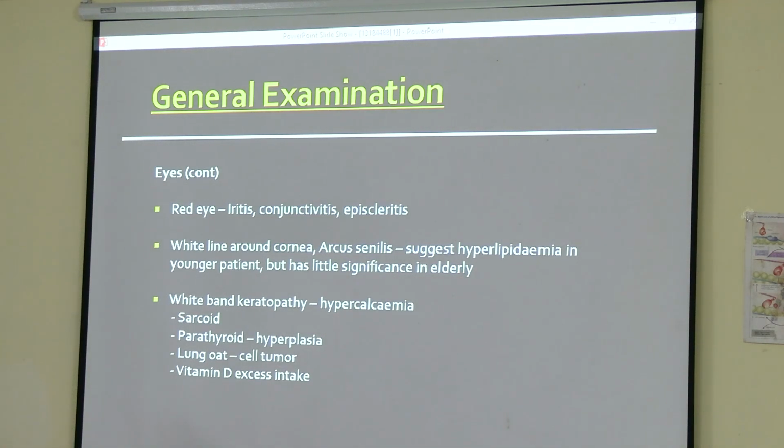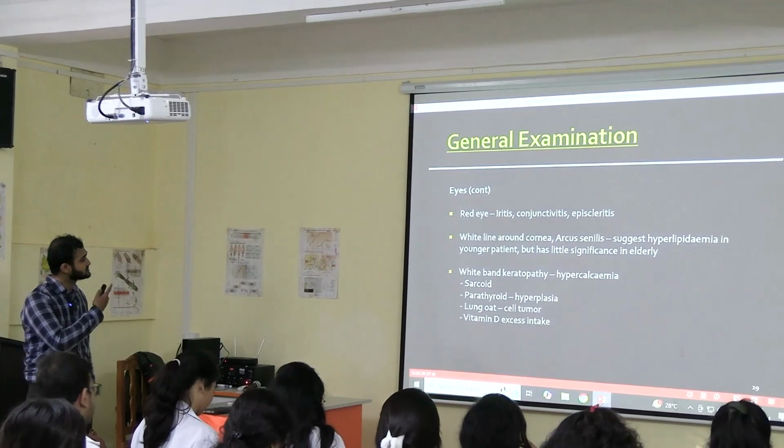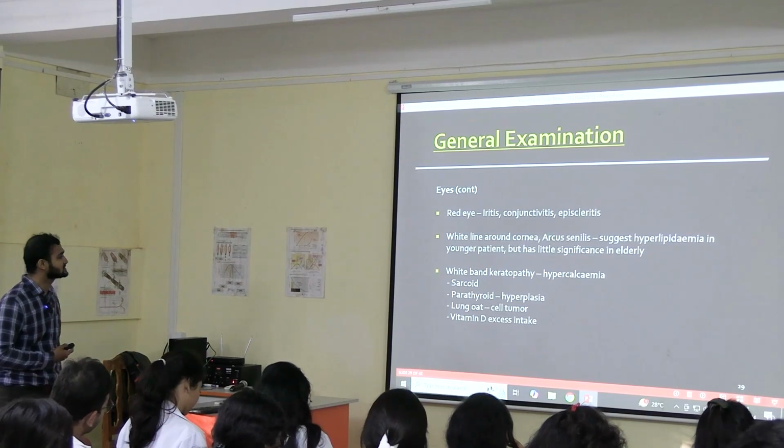but little significance. There is white band keratopathy in hypercalcemia patients, like in sarcoid, in parathyroid disease, in lung cell tumor, or in vitamin D excess intake. That time we see this. So in eyes we also see whether the conjunctiva is inflamed or not.